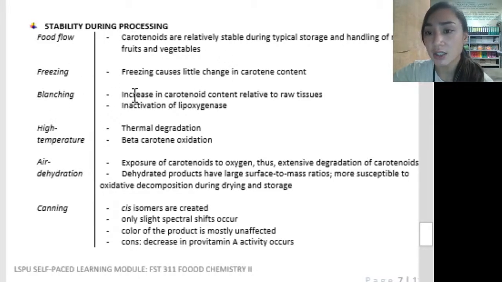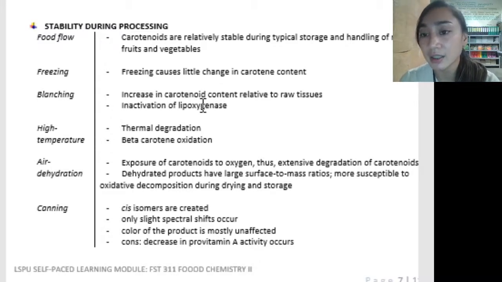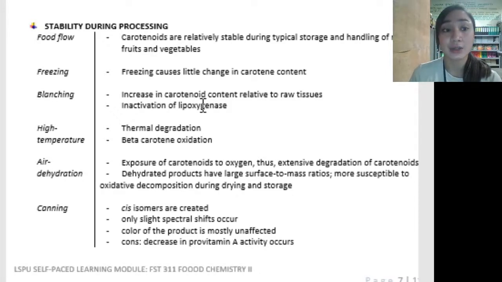During blanching, there may be increase in carotenoid content due to relative raw tissues. Ibig sabihin, nag-i-increase, possible, pag nag-blanching ka kasi, diba, if you notice, mas nag-i-increase yung color, mas tumitingkad. Why? Because yung lipoxygenase niya, which is the one responsible for the oxygenation ng ating products or ng plant natin, na inactivate. So, nangyayari, mas nag-i-increase na yung carotenoids.